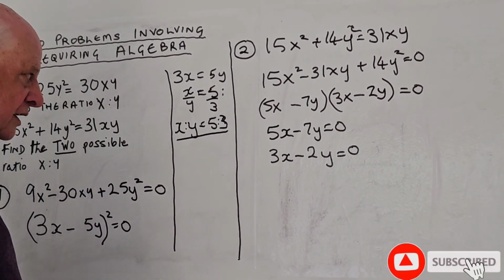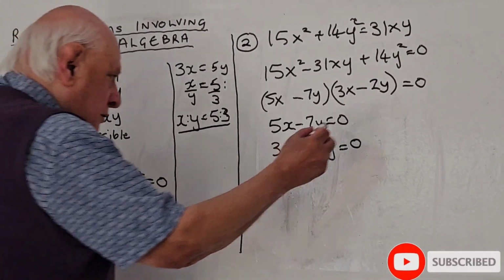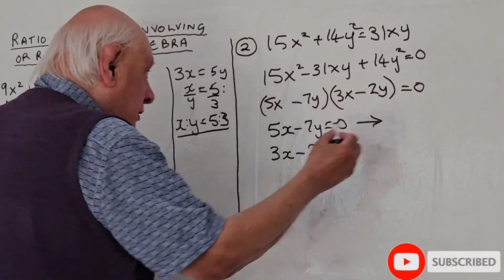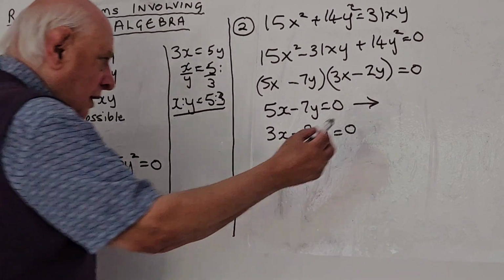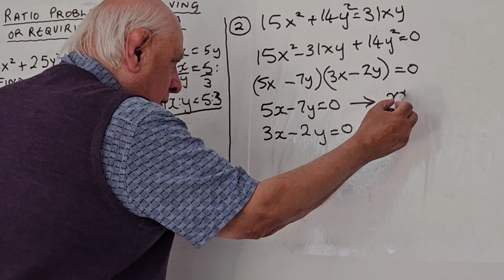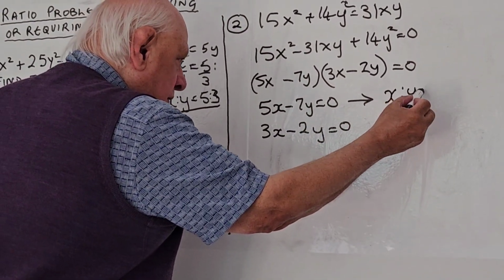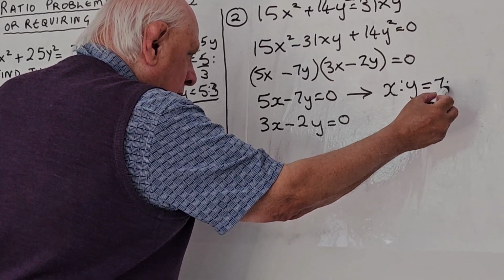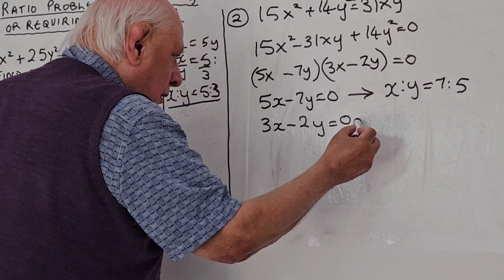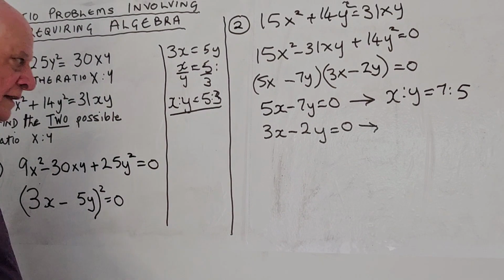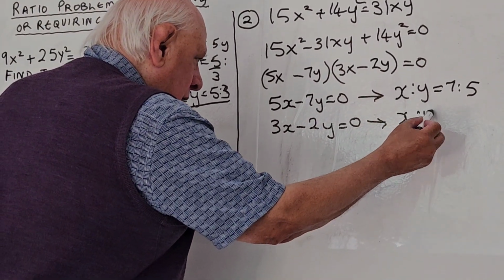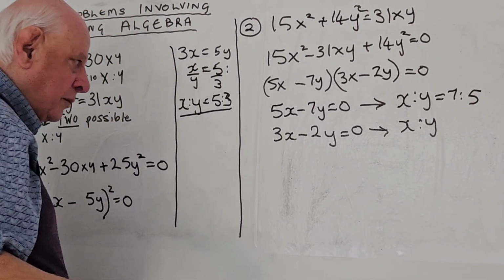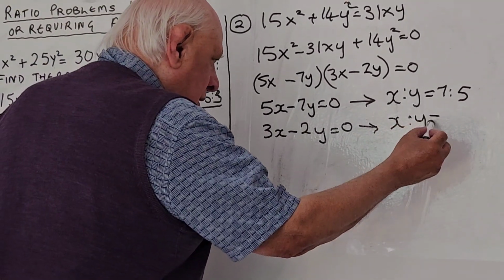So the first one of these you'll easily be able to see when you write them in the form that I've written them here, that the ratio x to y will be 7 to 5. And in this particular case, the ratio x to y will be 2 to 3.